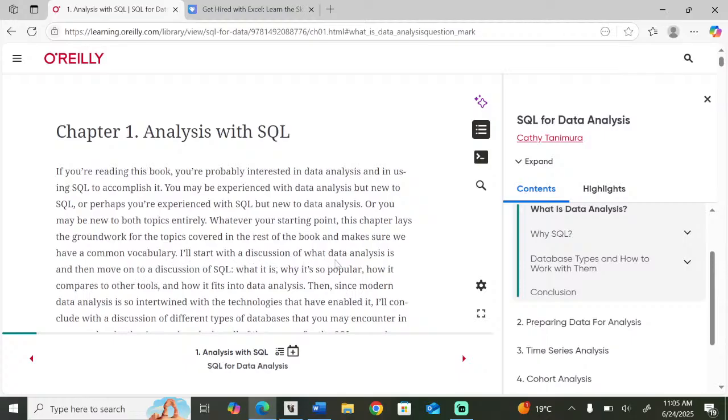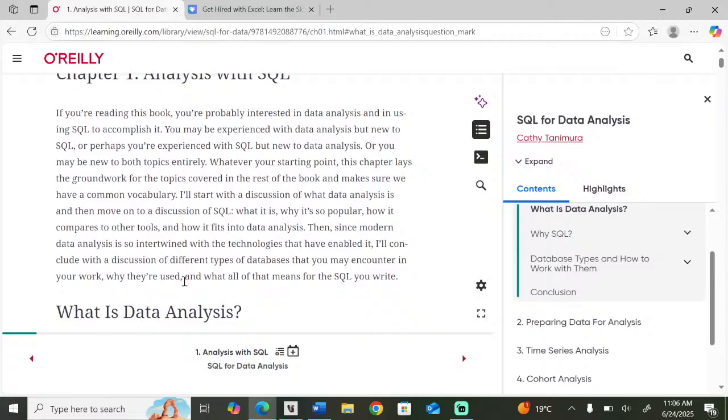I'll start with a discussion of what data analysis is, then move on to a discussion of SQL, why it's so popular, how it compares to other tools, and how it fits into data analysis. Then, since modern data analysis is intertwined with technologies that have enabled it, I will conclude with a discussion of different types of databases that you may encounter in your work, why they are used, and what all that means for the SQL you write.